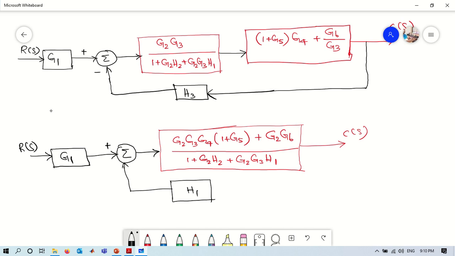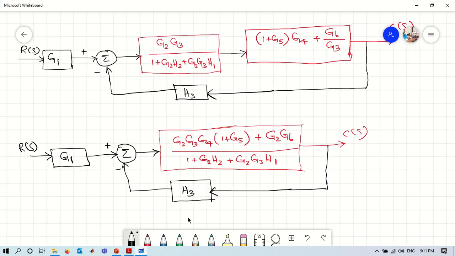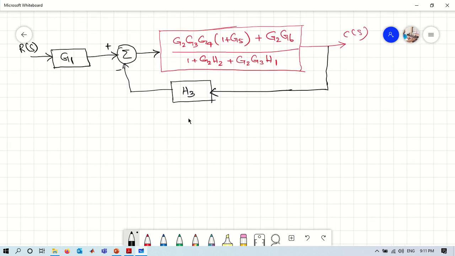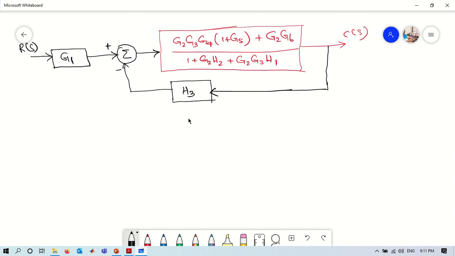So I have H3 here, the negative feedback. Again I can solve this feedback link, and then go for the final simplification.